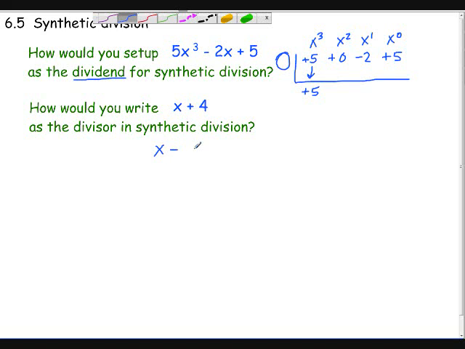We always have to think of it as x minus a. And it's going to be a that you put there. So that'll be x minus, now is 4 going to be positive or negative? That's right. So when you set this one up with a divisor in synthetic division, you're going to write it as a negative 4.